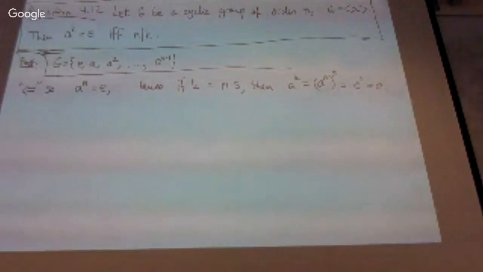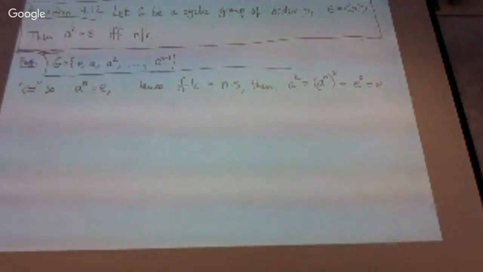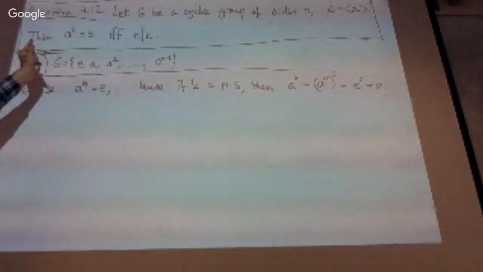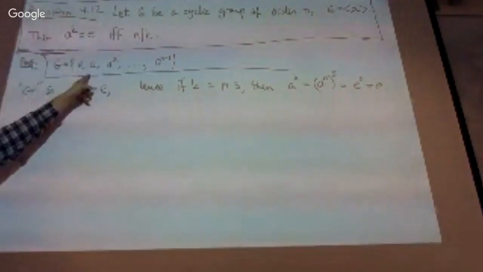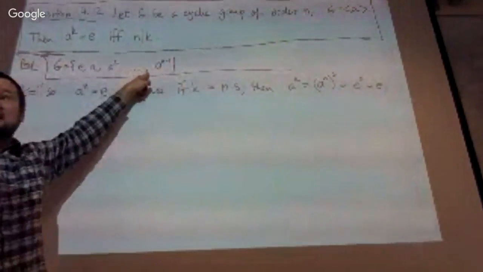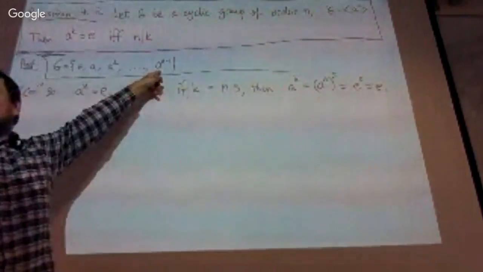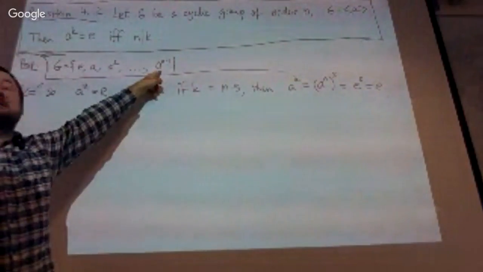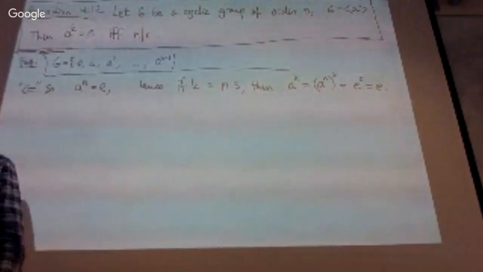Why is a to the n the identity? Because G is generated by a. So G is the identity, times a, times a, and I keep going. And now I've exhausted everything, because I know I'm only going to get n elements and I've already had n elements, so the next one has to be this one.